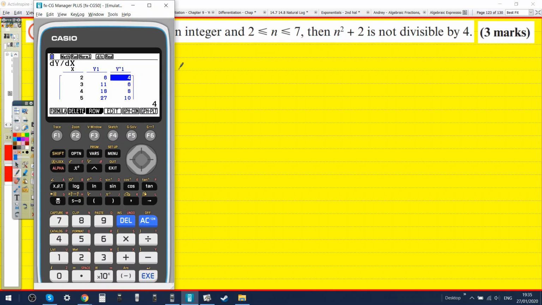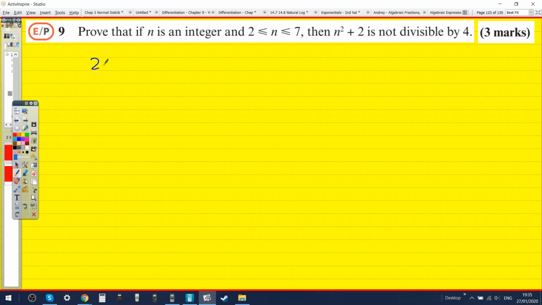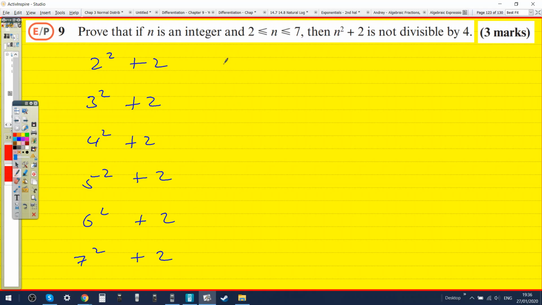And so we have 2 squared plus 2, 3 squared plus 2, 4 squared plus 2, 5 squared plus 2, 6 squared plus 2, 7 squared plus 2. Okay, so I think it's 11, 18, 27, 38, and 51.